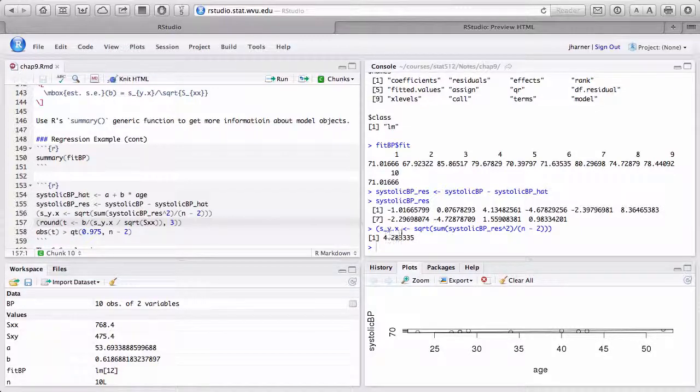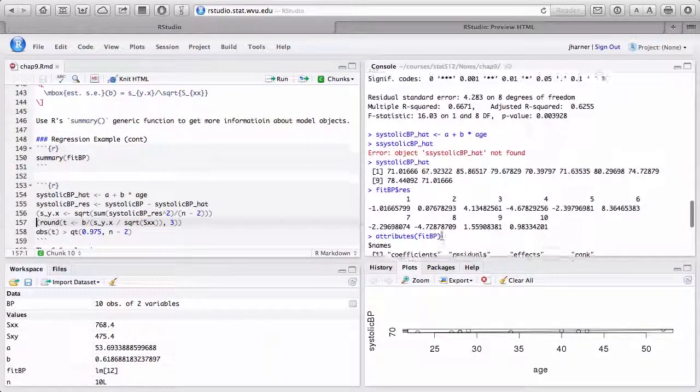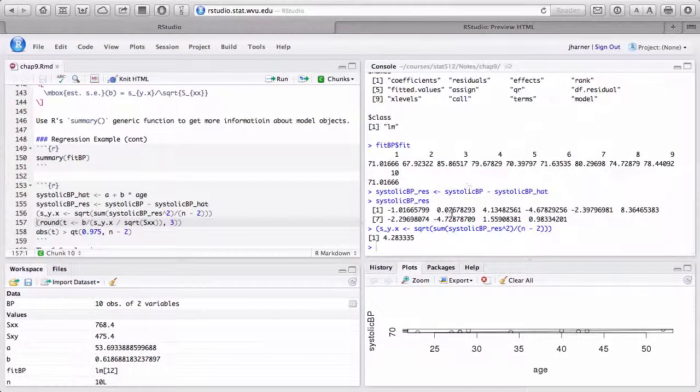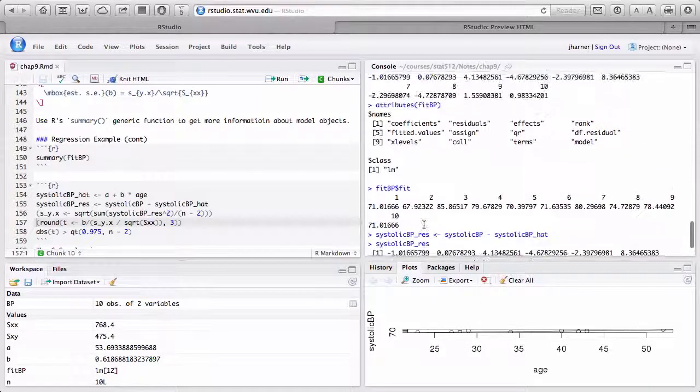This is s sub y dot x. Where does that correspond up here? Does anyone see the 4.283? It's called the residual standard error right here, with 8 degrees of freedom. n is 10, 10 minus 2 is 8. And computing it by hand, I did here, gets exactly the same thing.